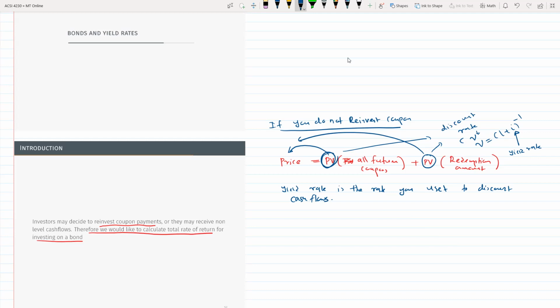Now, sometimes this is not true. This happens when you keep the bond until maturity and there is no reinvestment.